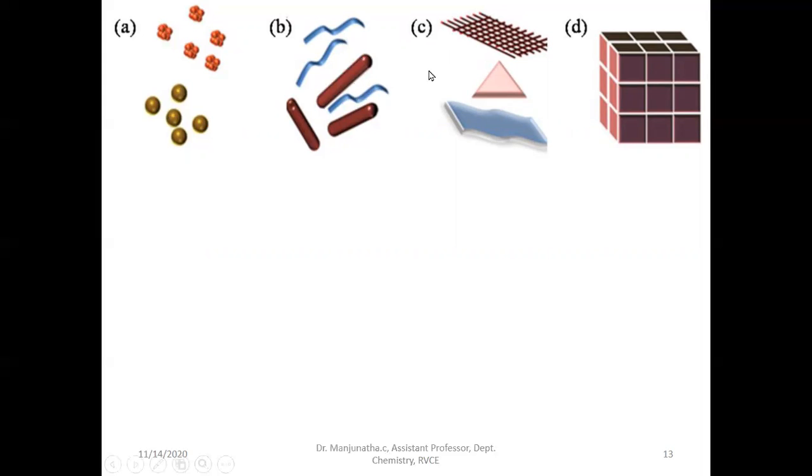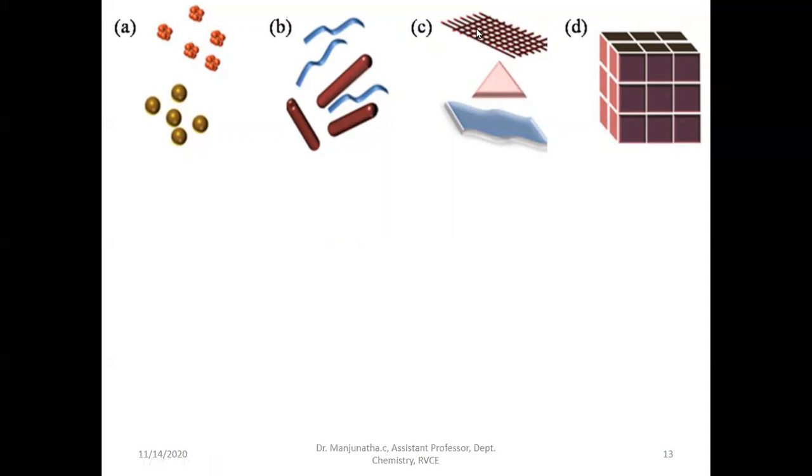They have grown beyond 100. See this one, this is greater than 100 nanometer. However, the width as well as the height would be less than 100 nanometer. This is a 1-dimensional material. 2D means the width is greater than 100 nanometer, and also the length is greater than 100 nanometer. However, the thickness would be less than 100 nanometer.